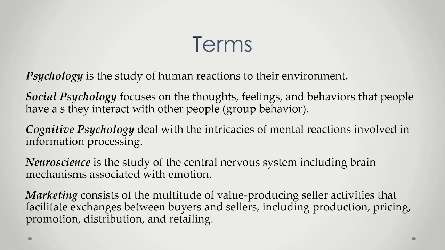Social psychology focuses on thoughts, feelings, and behaviors. Cognitive psychology deals with the intricacies of mental reactions involved in information processing. Neuroscience is the study of the central nervous system, which includes brain mechanics associated with emotion.